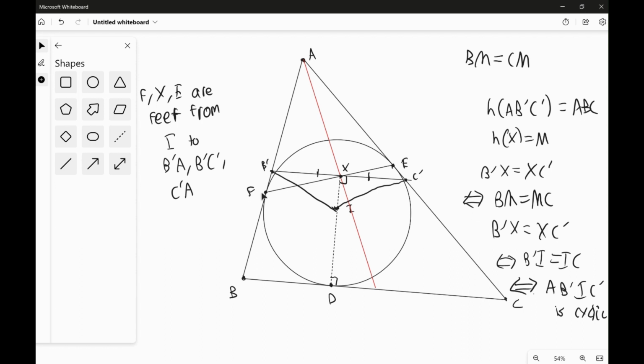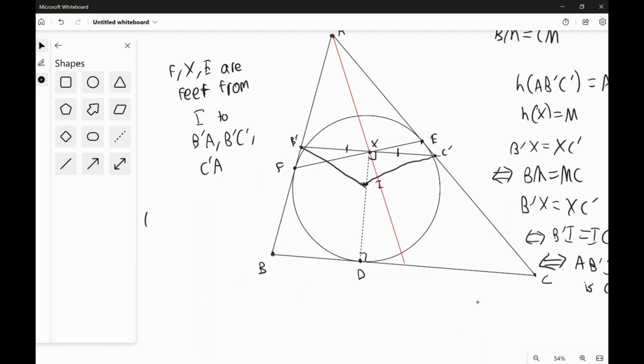And we know that all of these three points are on the same line because X also lies on EF by definition. And I won't prove this here, and many of you might know this already, but there's this theorem called Simpson's line, which states that AB'IC' is cyclic if and only if F, X, E are collinear.